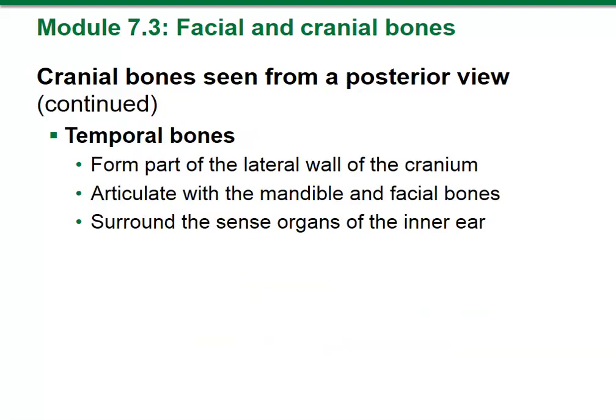The temporal bones form part of the lateral wall of the cranium. They articulate with the mandible and the facial bones, and they surround the sense organs of the inner ear. You see right in the center of that is the external acoustic meatus, that opening that goes into the ear.